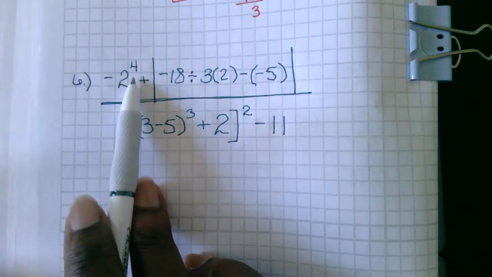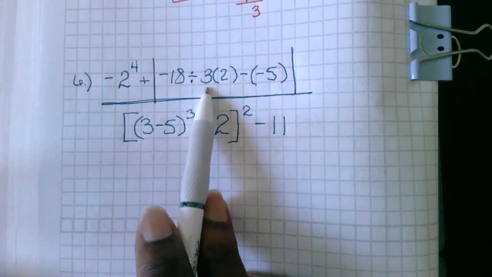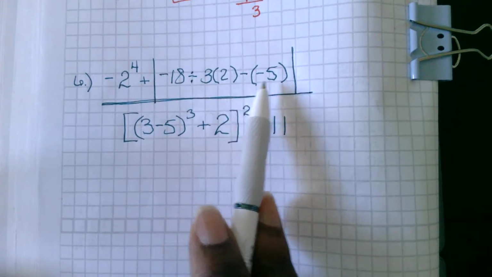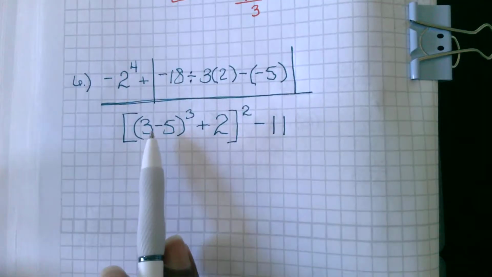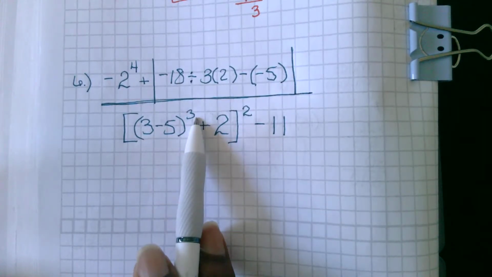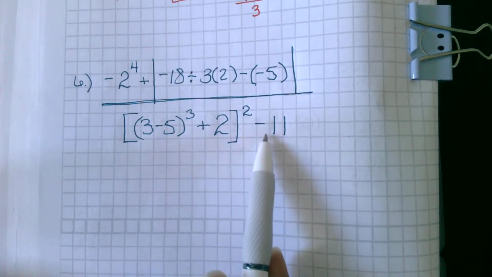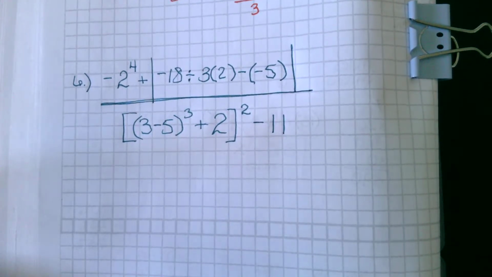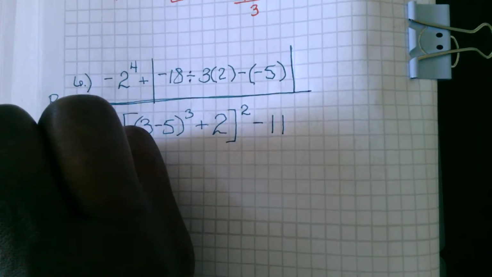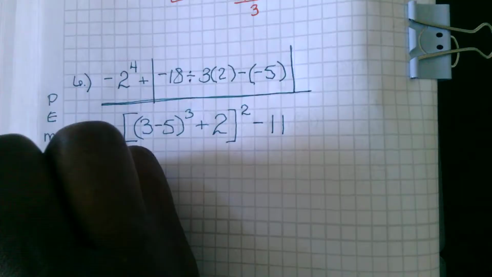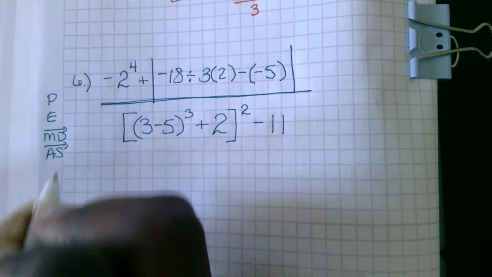So we have negative 2 raised to the 4th plus the absolute value of negative 18 divided by 3 times 2 minus a negative 5, over 3 minus 5 cubed plus 2 squared minus 11. And we're going to go with, please excuse my dear Aunt Sally, from left to right.